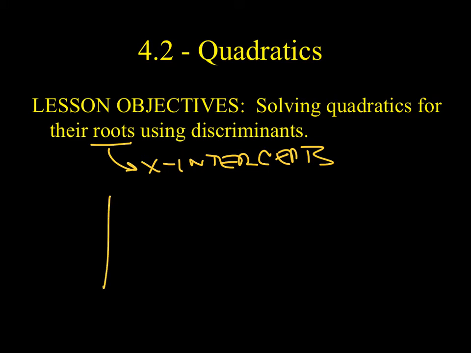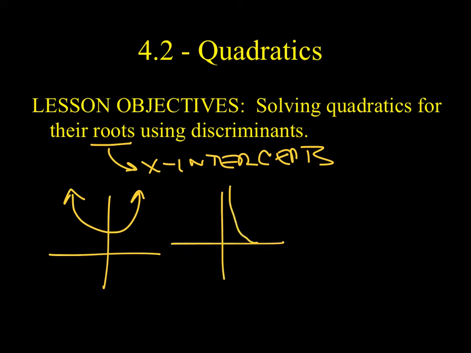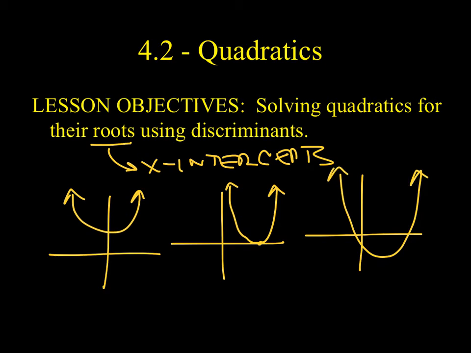So when I have parabolas, I can have parabolas that don't have any roots, don't cross the x-axis at all, never hit 0. They can come down and just touch once, or they can come down and actually cross the x-axis twice. So sometimes we get 2 solutions, sometimes we get 1 solution, and sometimes we get no solutions. So we'd like to figure that out.